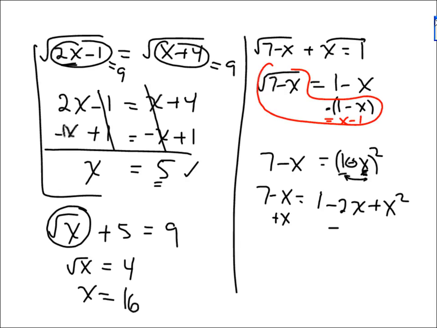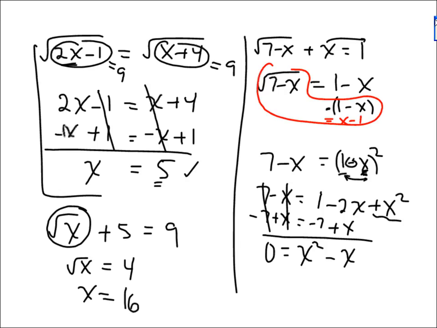I'll add on the x, and I'll take away 7. So the left side is 0. The right side, I'll write x squared first, plus x squared first. And if you take away 2x and you add an x, you're minus 1x. And 1 minus 7 is minus 6.